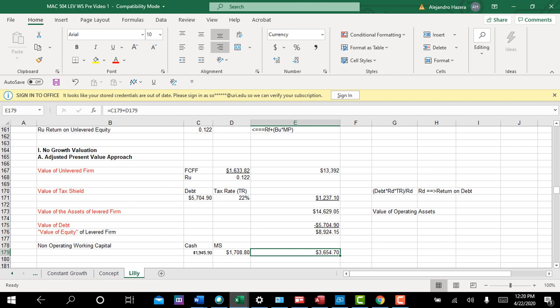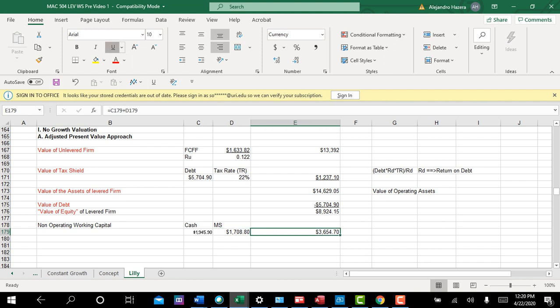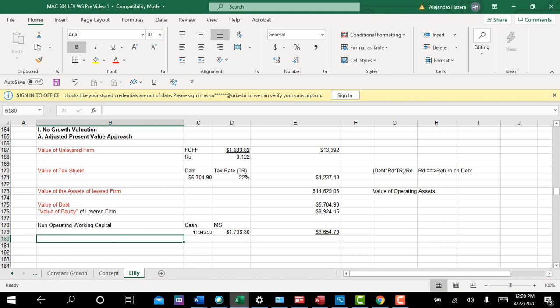Okay, so if you take the value of those two, we'll put a subtotal here. And the subtotal is going to be, we're going to label it, I'll call it final value of equity.